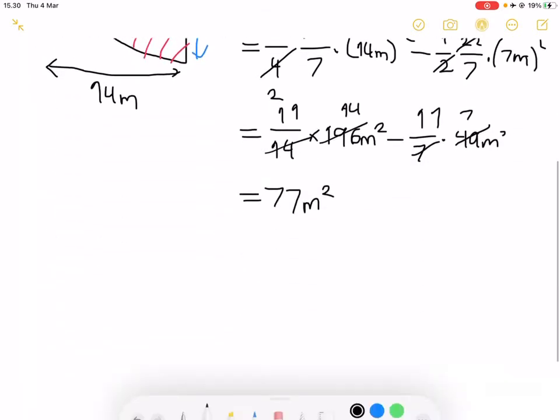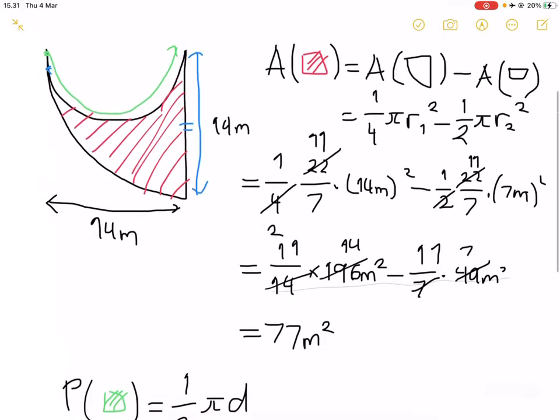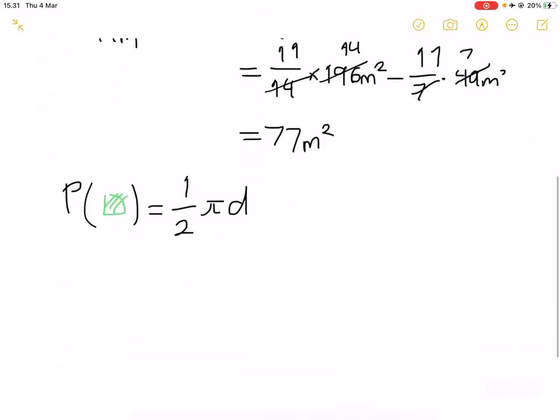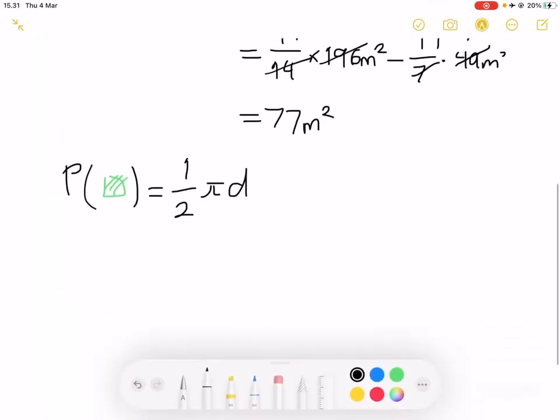So I'm just going to call this the perimeter of green. It is half of the circumference, pi times the diameter. And the diameter in this case is 14 meters. And we take pi to be 22/7.